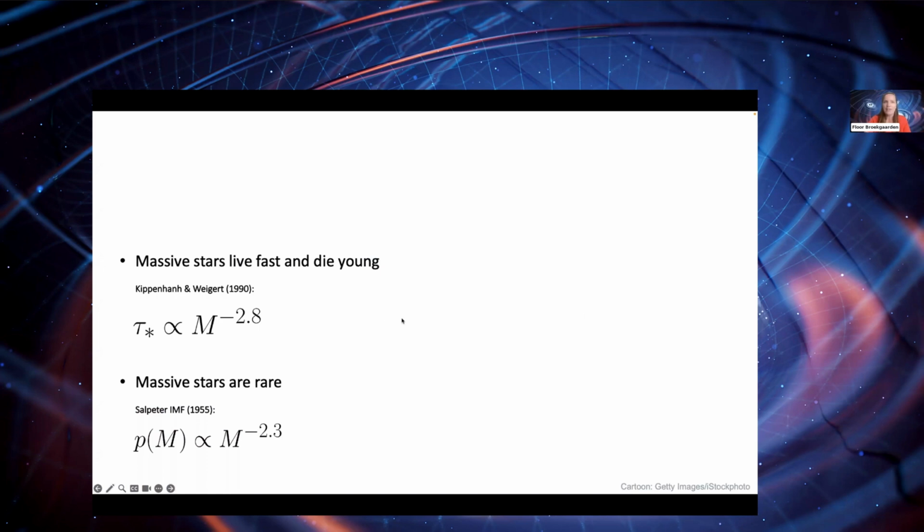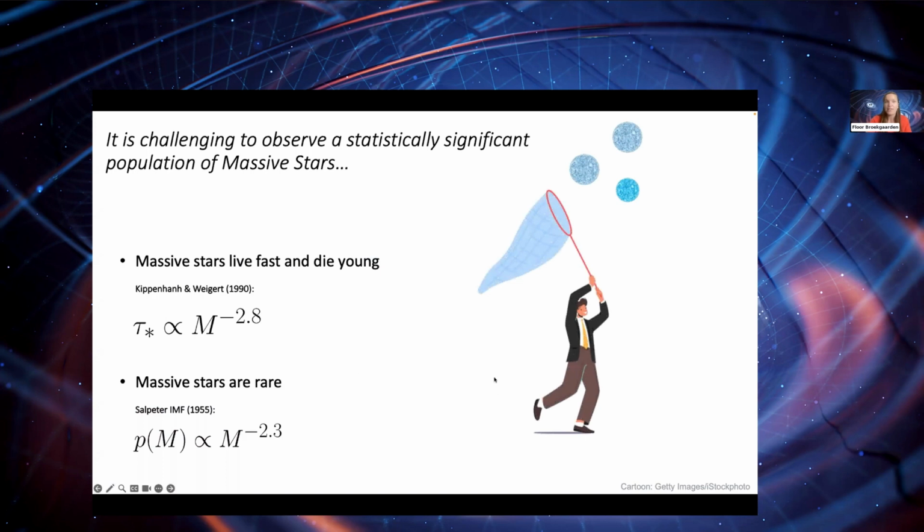And they also live fast and die young, with lifetimes that are typically 1,000 times smaller than that of our own sun. This is why these stars are so rare, and it's so challenging to observe statistically significant populations of these massive stars and understand their physics and learn from them.